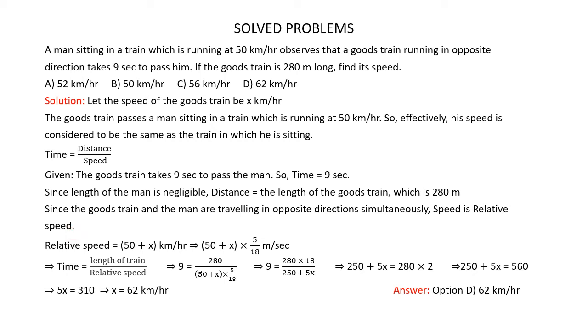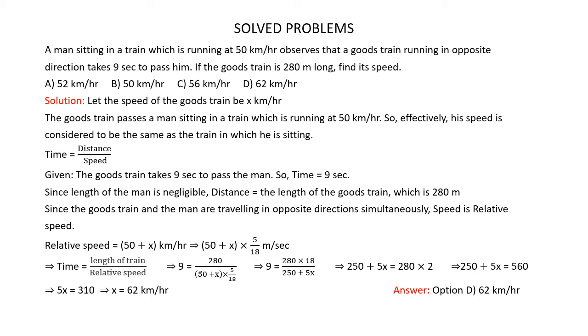So, relative speed is equal to 50 plus x kilometers per hour. Now, since time is in seconds and distance is in meters, we'll convert this kilometer per hour to meters per second. We can do this by multiplying this by 5 by 18. So 50 plus x kilometers per hour is nothing but (50 plus x) multiplied by 5 by 18 meters per second.